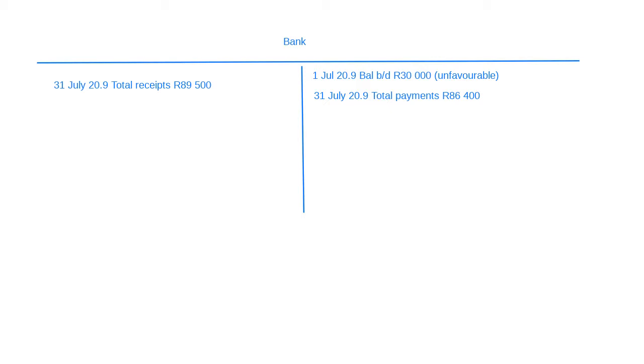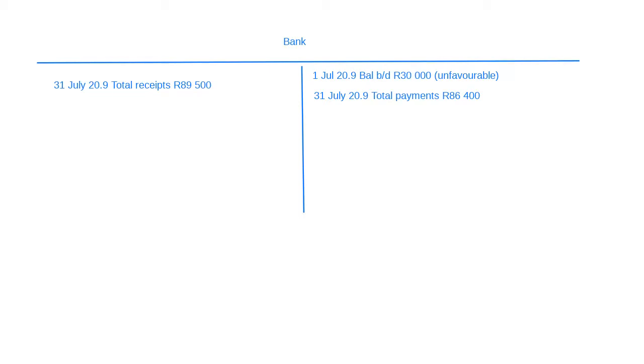Okay, but now what it means is if I take the 89,500 and I compare it to our credit side based on this information is 126,400. So that means to get the debit side equal to the credit side, I will have a balance carried down on this side, and the amount will be, let me just quickly work it out.